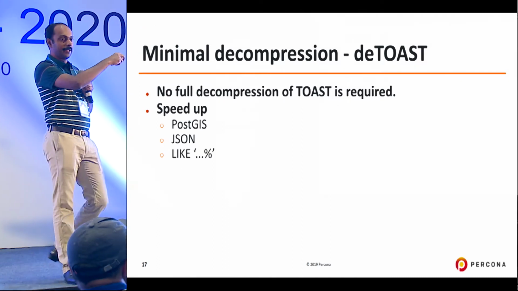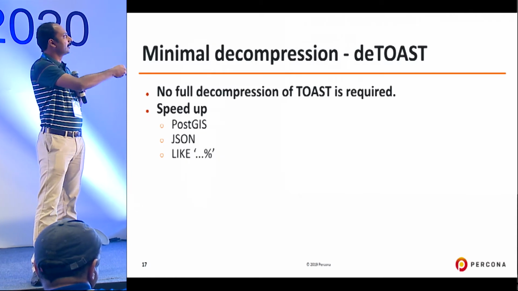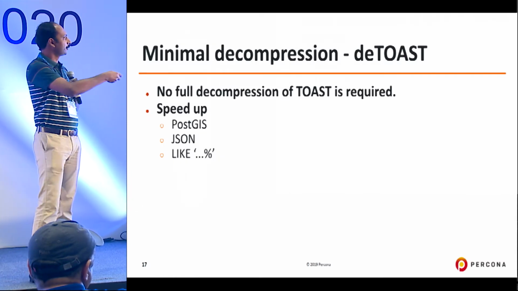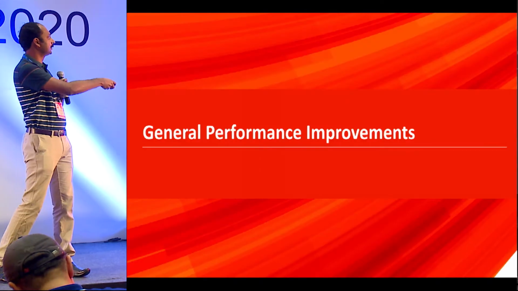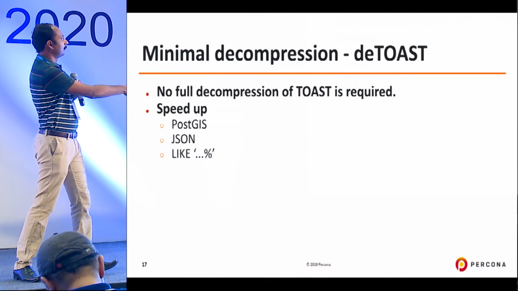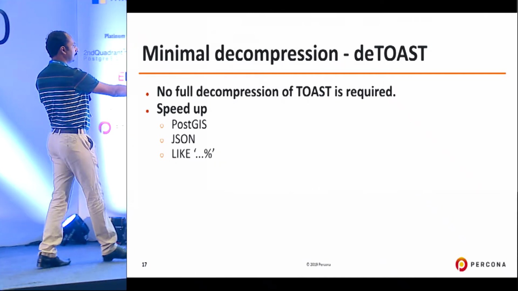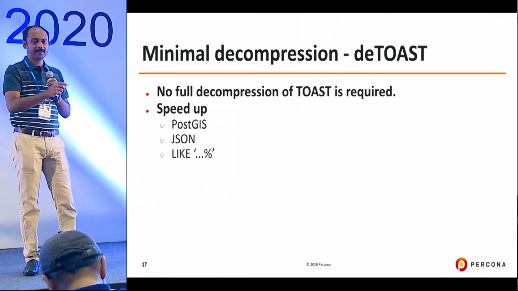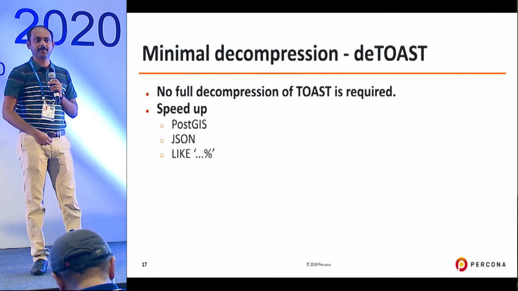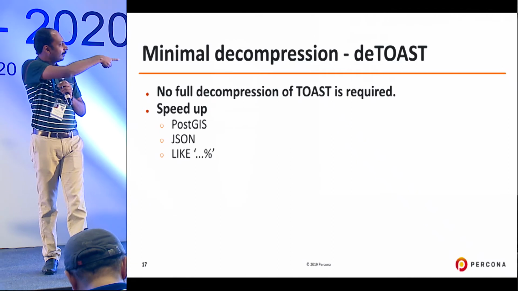So the entire block need not be decompressed. If you are querying with a LIKE expression, searching for the first few characters, the entire block need not be decompressed. Only the first few blocks need to be decompressed to answer this query.